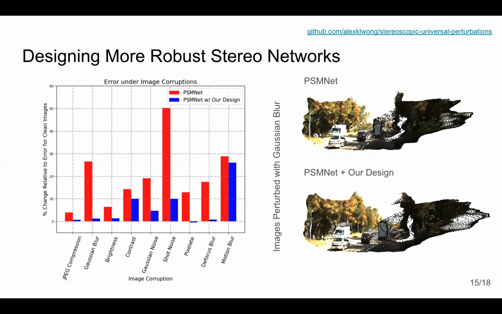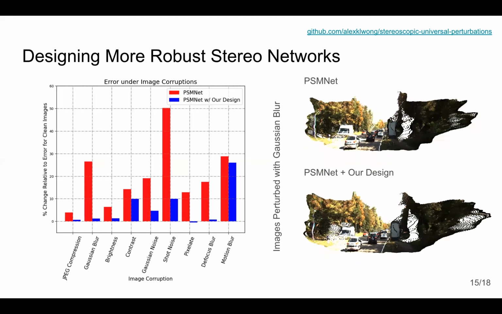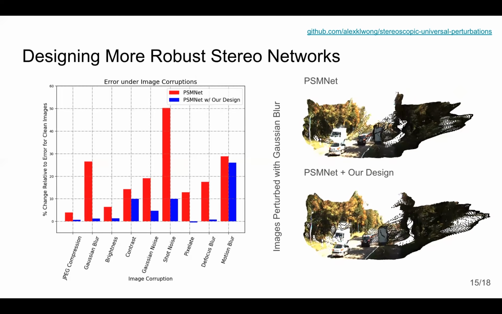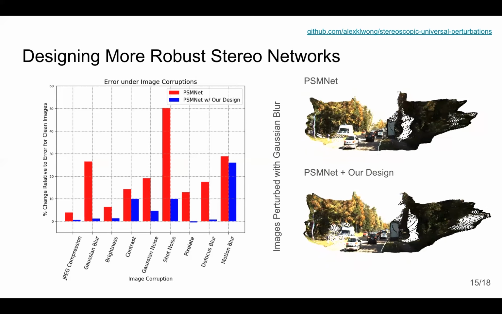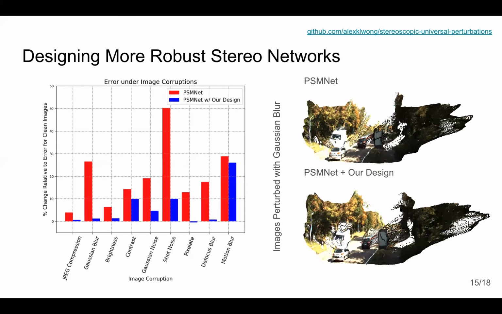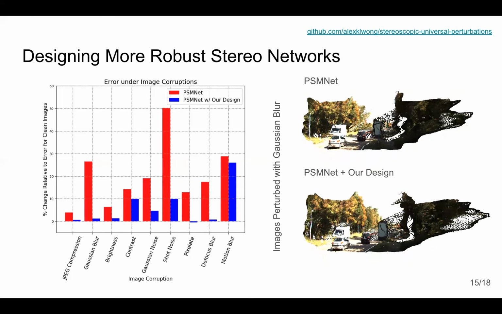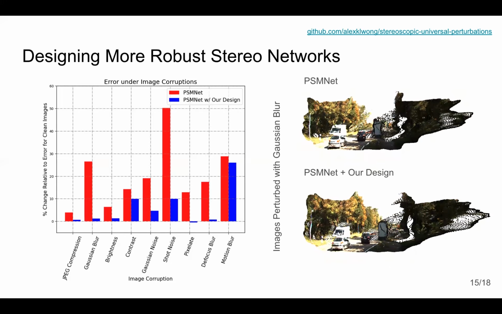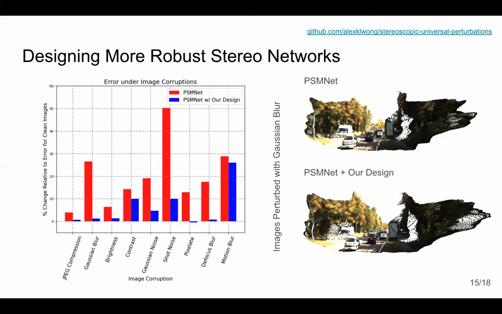In red is the error for vanilla PSMNet, and in blue, the same system after incorporating our designs. Overall, we improve an average of 70% in robustness and as much as 80% for corruptions like shot noise. This is evident in the point cloud on the right, where we significantly improve the performance when inputs are corrupted by Gaussian blur.